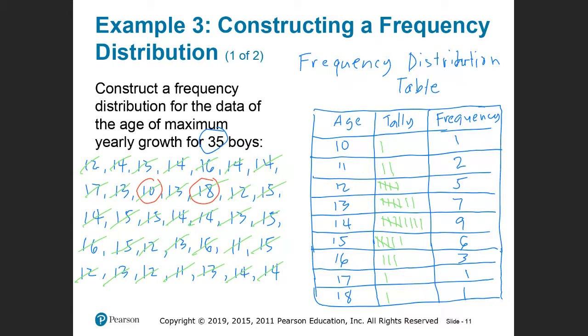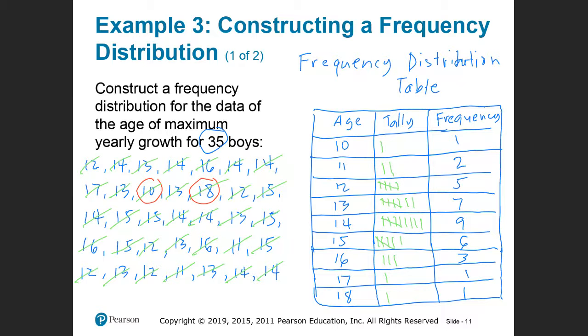Now looking at the table, we call this again frequency distribution table. You can actually make an observation, a conclusion out of the table.